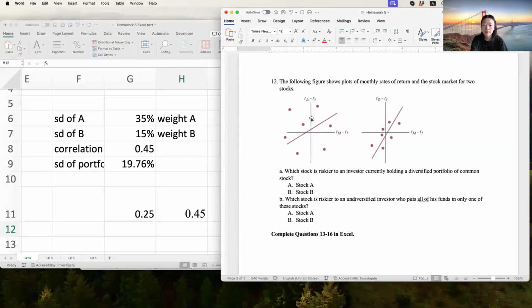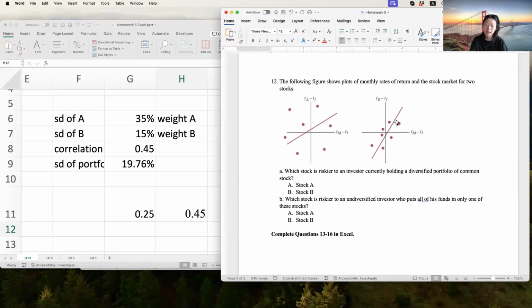Here you can see the fitted line is a model trying to fit the correlation and co-movement between stock A and the market. The fitted line on the right-hand side models the correlation between stock B's movement and the market movement.